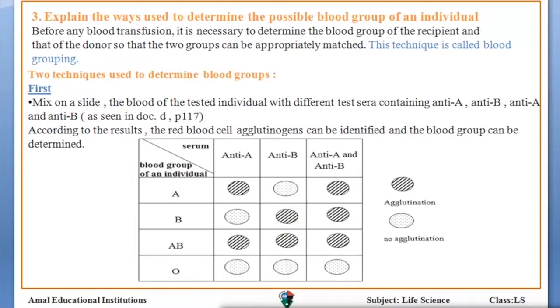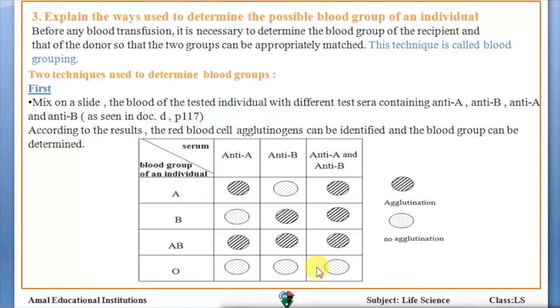However, if agglutination happens with all the sera as you would observe here, this would mean that the blood group of the individual is going to be AB, since that person has both antigen A and antigen B that has bound with the anti-A and anti-B, causing agglutination.